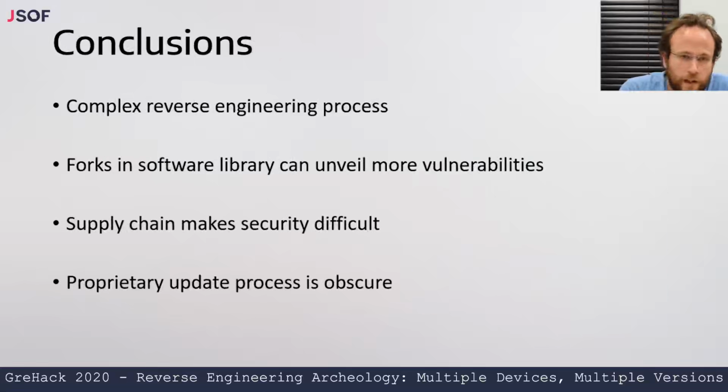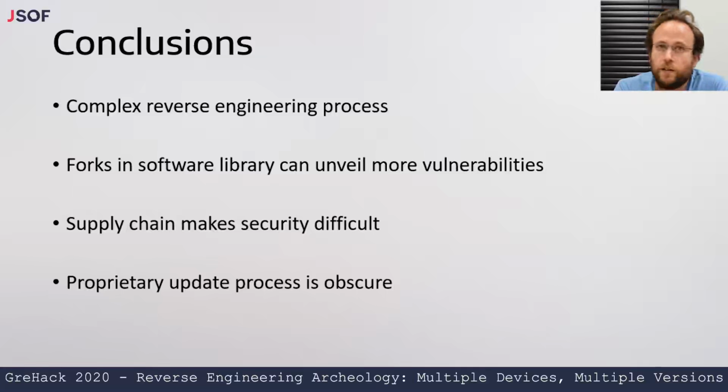So to summarize, we went through a complex reverse engineering process, multiple different binaries, different architectures, different reverse engineering challenges, a lot of forks in the software library. The different forks revealed more vulnerabilities as we did patch diffing and as we found bad fixes, and different vendors using different parts of the code and compiling it differently.